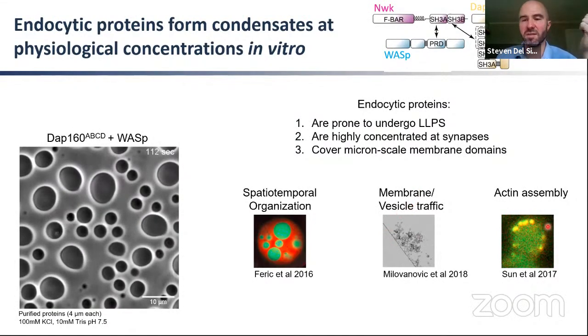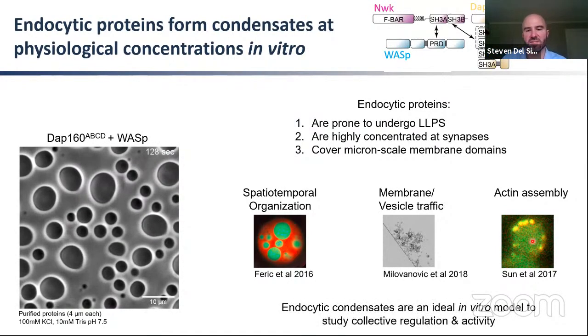In particular, there are a number of studies now that have implicated this as a mechanism to control the extent and direction of actin assembly in a number of systems, including signaling clusters, but also during endocytosis. That's why we're really interested in this as a potential model system to study these.